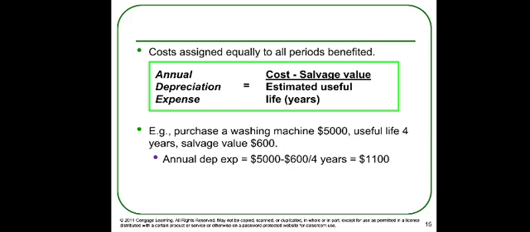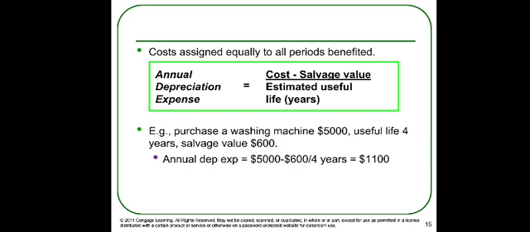For example, here you purchase a washing machine for your business for $5,000, and you estimate that the useful life of the machine is 4 years, and the salvage value is 600.